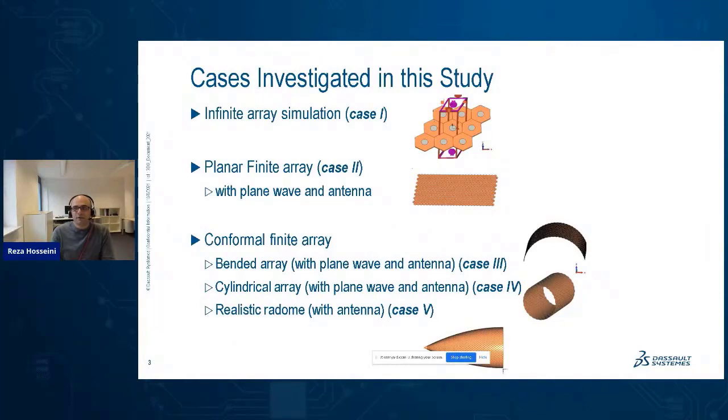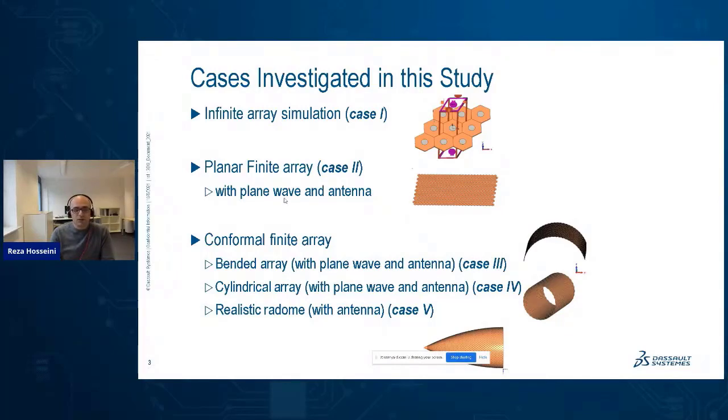Here is a summary, or let's say the agenda, of the cases that we're going to investigate in this study. There are 5 cases, starting with the infinite array simulation. After that is a planar finite array, for which we consider 2 cases: one with a plane wave illumination as excitation, and the second with an antenna as excitation.